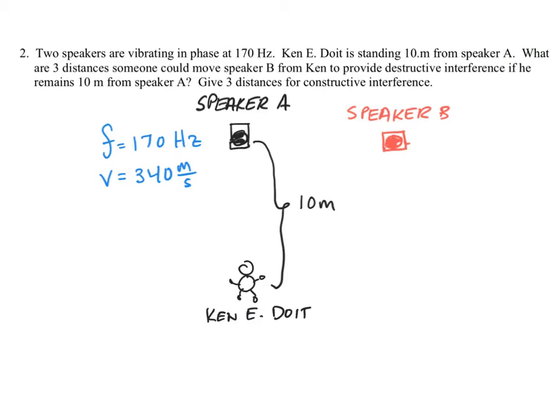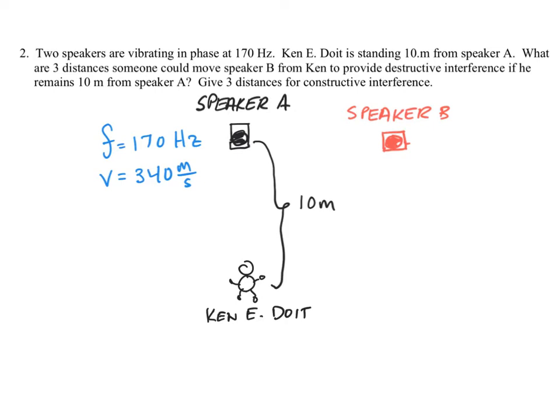Let's look at a problem here that quantitatively explores the phenomena with sound. This is going to be more of a quantitative problem, but it's an interesting one. It says there's two speakers. So this is a wave phenomenon, first of all. This is not just a light phenomenon, that light gets bright and dark.